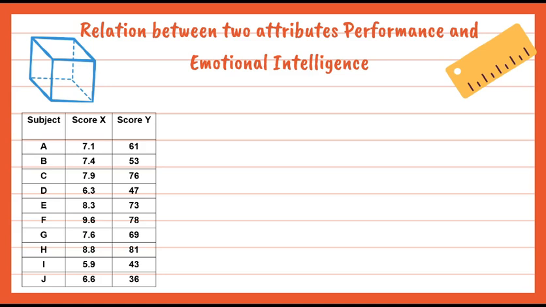Regarding the number two, that is emotional intelligence, which is represented by the score of Y. Emotional intelligence is the ability of an individual to understand others' emotions, to control one's own emotion, and to understand what motivates and encourages others, which means that you don't get carried away emotionally in difficult situations.